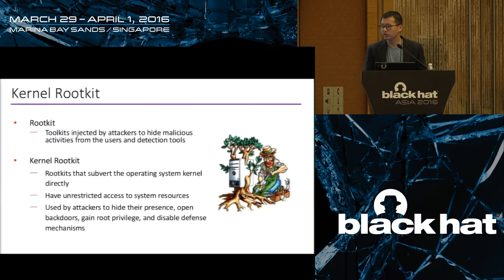The reason is that it directly affects the operating system kernel, so sometimes it can have unrestricted access to the system resources. Since you can do that, you can use it to hide its presence, open backdoors, gain root privileges, or disable defense mechanisms.